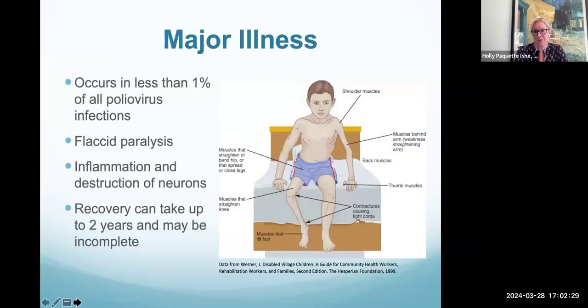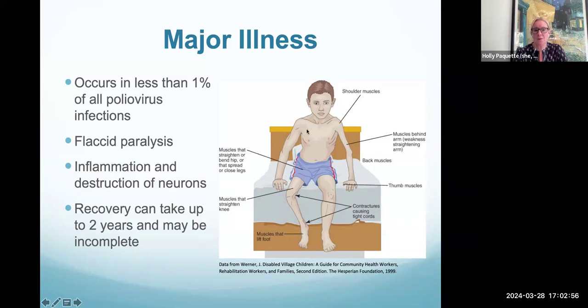Now, with major illness, which is kind of what gets all of the news and is what was really terrifying about this, in about 1% or just under that of all the poliovirus infections, we would see paralysis. And the paralysis could be in the shoulder muscles, the muscles in the arms and legs, even within the hands and the hip.